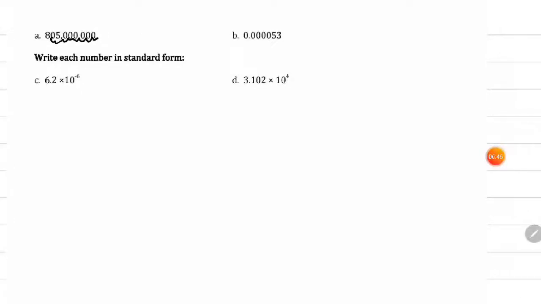So I'm going to say that this is equal to 8.05 times 10 to the 8th power. Because remember, when we're multiplying by 10, we're just moving zeros. So 805 million, you can check in your calculator, is equal to 8.05 times 10 to the 8th power.